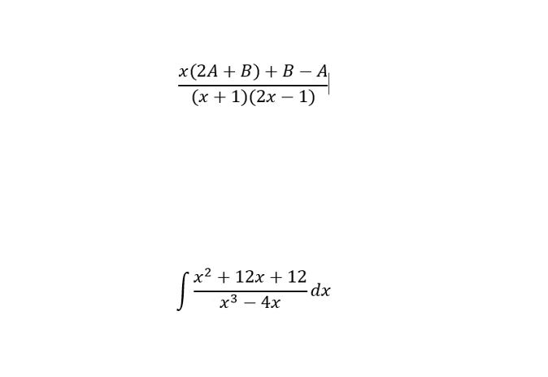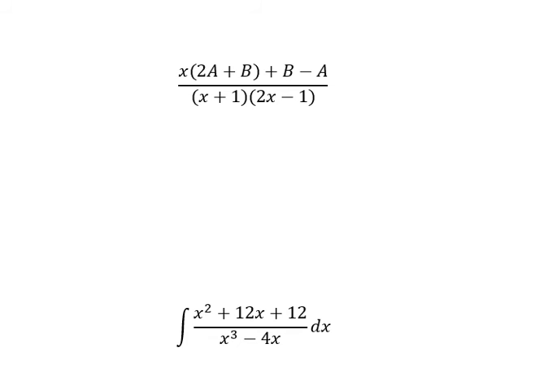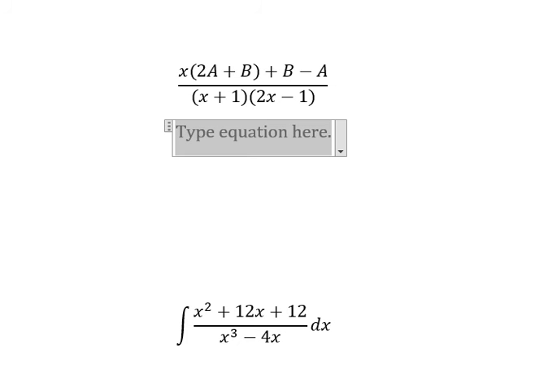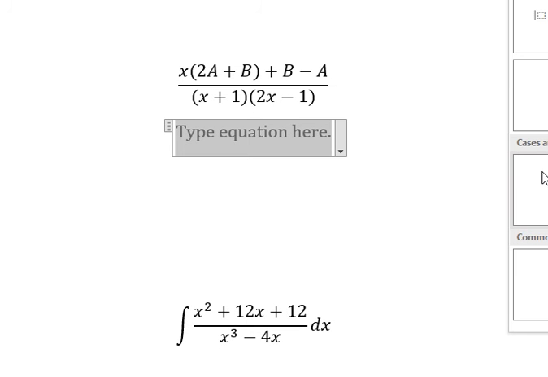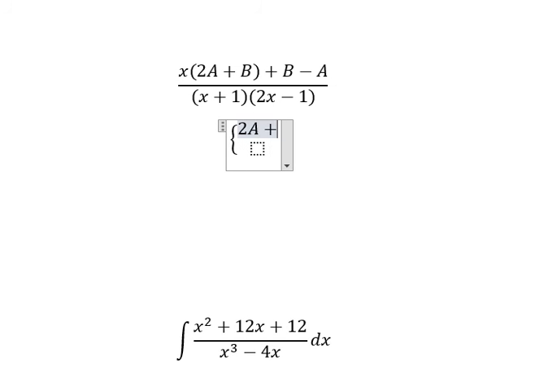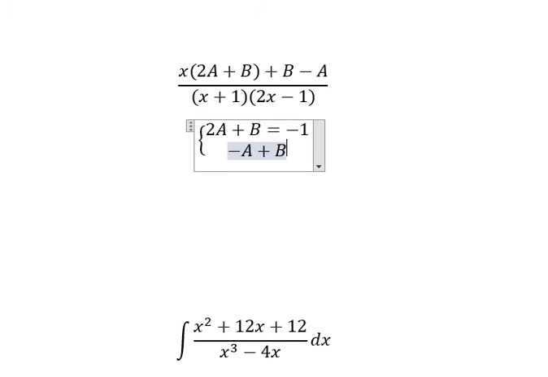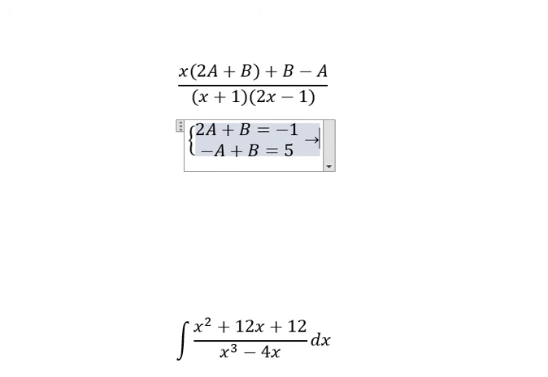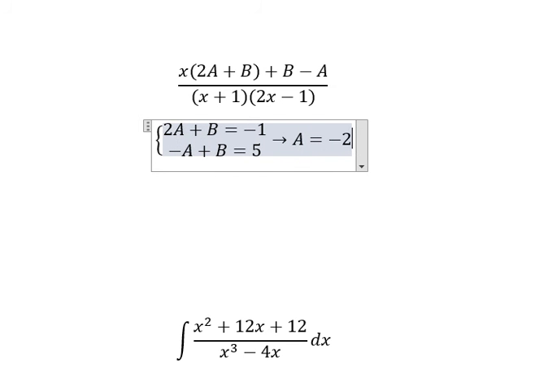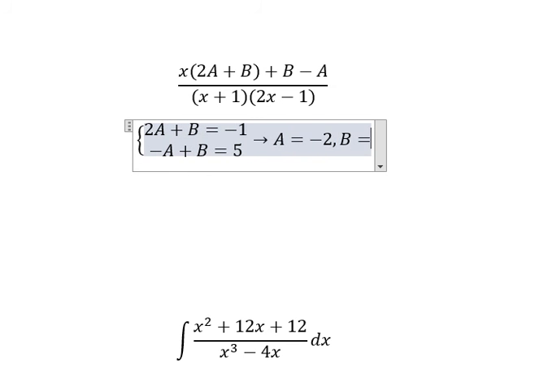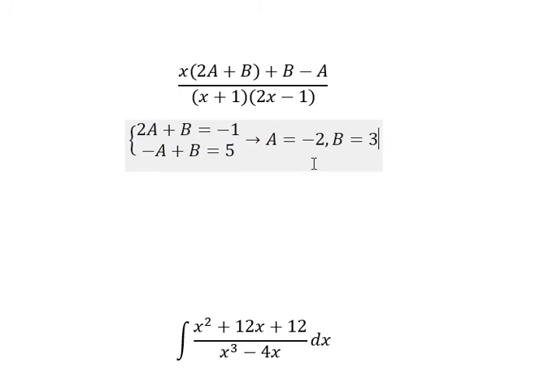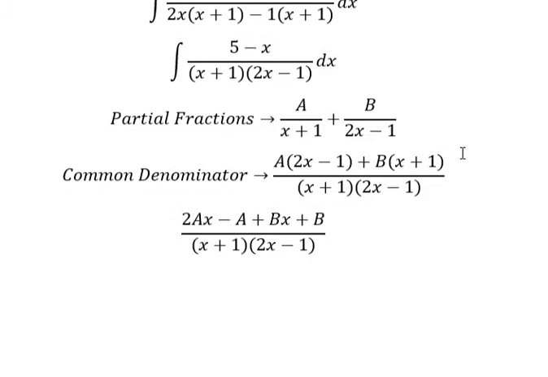And now we create the system of equations. Now we need to find the solution of A and B. So A equals negative number 2, B equals number 3. And now we put the values negative number 2 and number 3 in here.